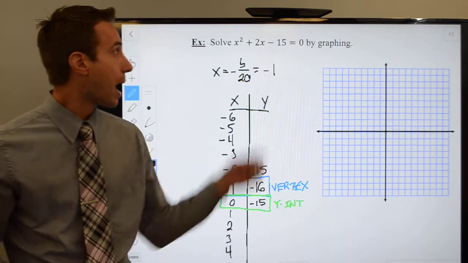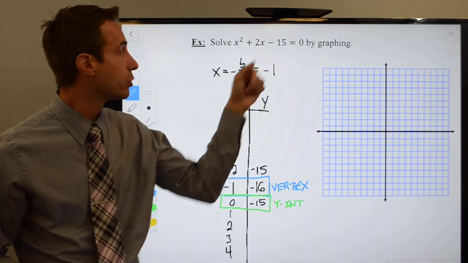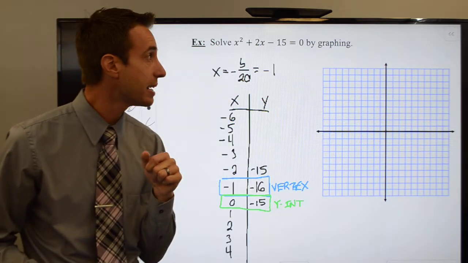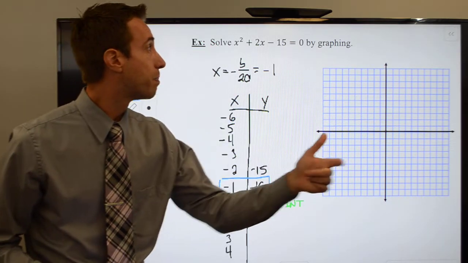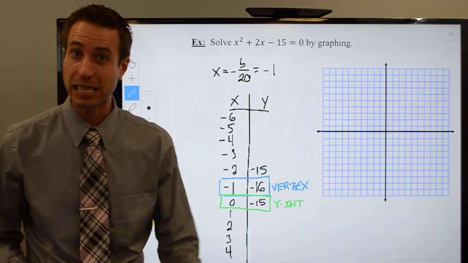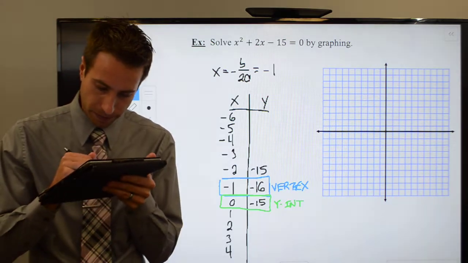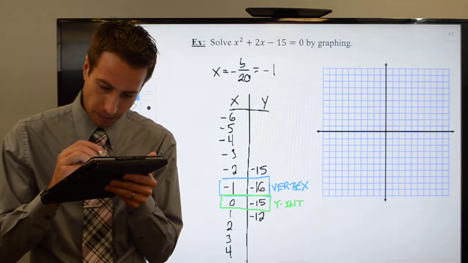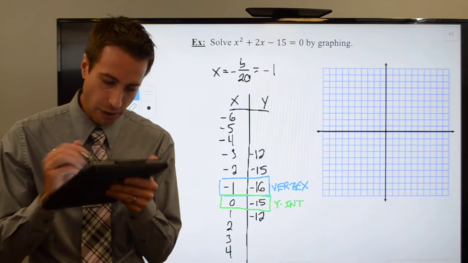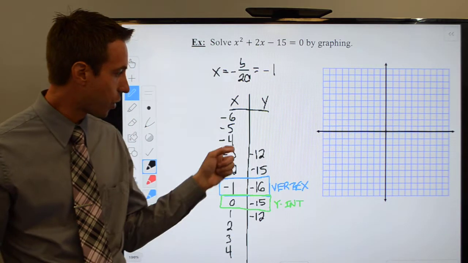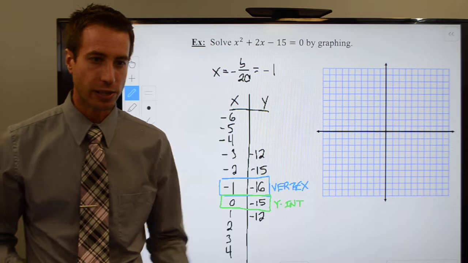Let's keep going. I plug in a 1. 1 squared is 1. 2 times 1 would be 2. That would get me 3. 3 minus 15 would be a minus 12. Mirror images. So if this is a minus 12, that's a minus 12. Let's do 2.